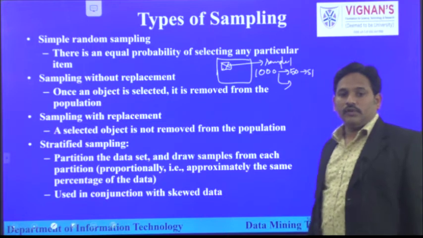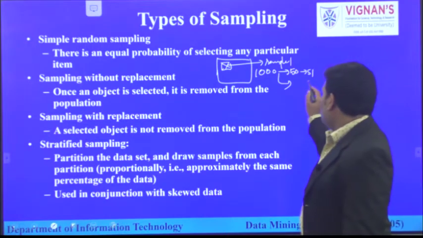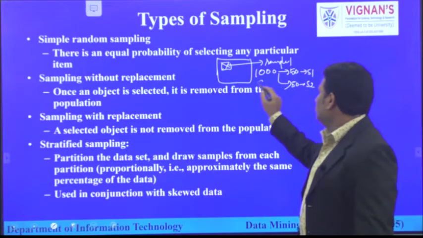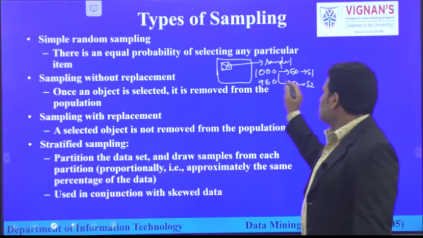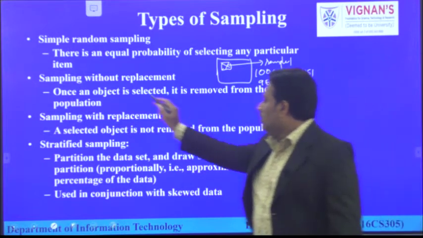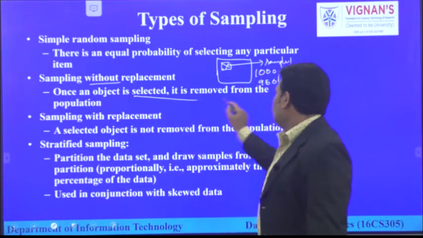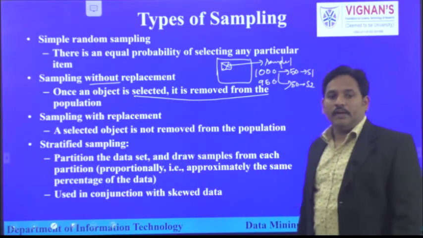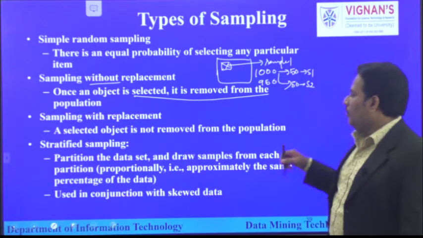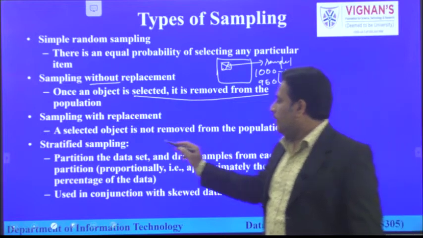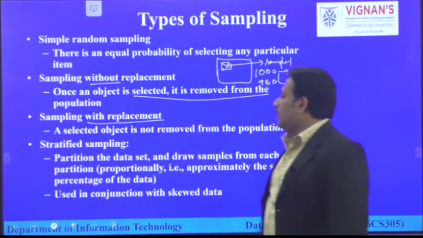When we want to choose the second sample, we can get 50 records only from the remaining 950 because we are not replacing. This is called without replacement. Once an object is selected, it is removed from the population and it may not be considered again. If you want to add it again, then we can go for sampling with replacement.